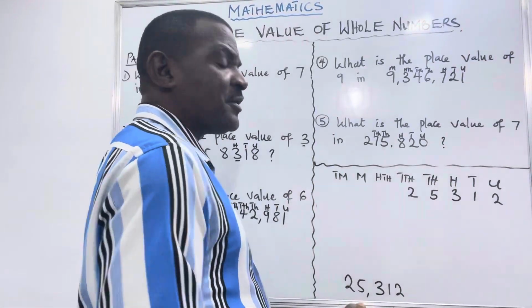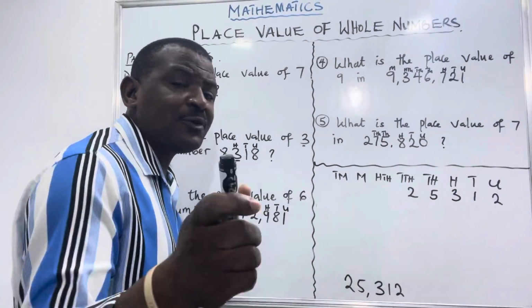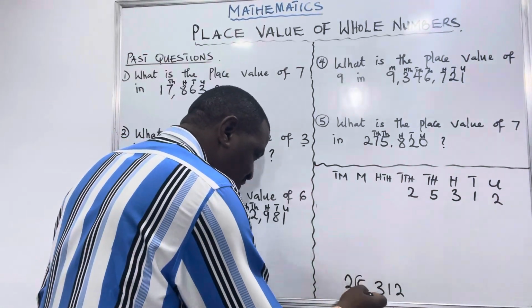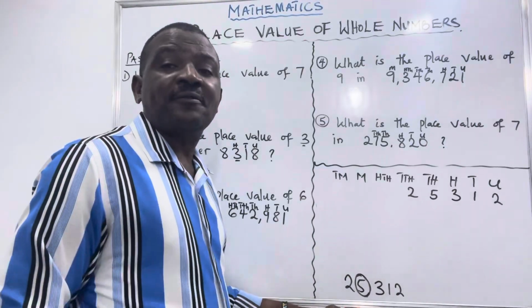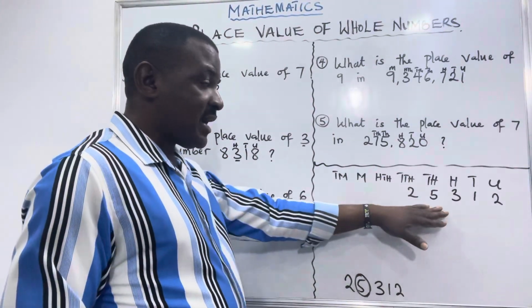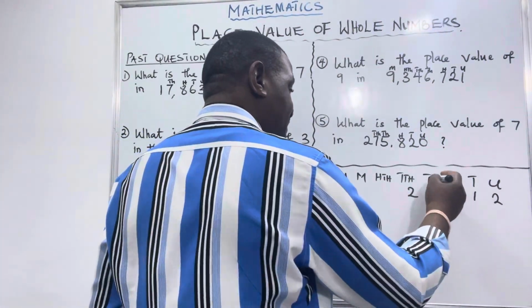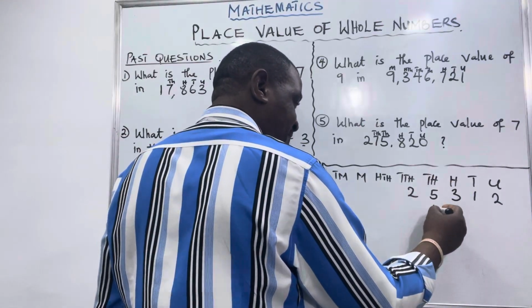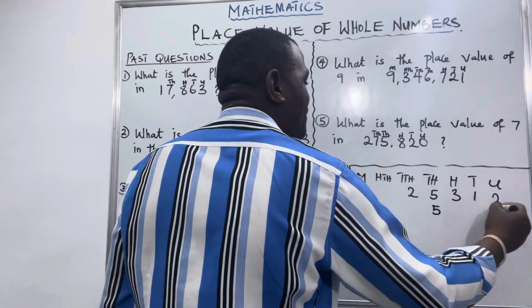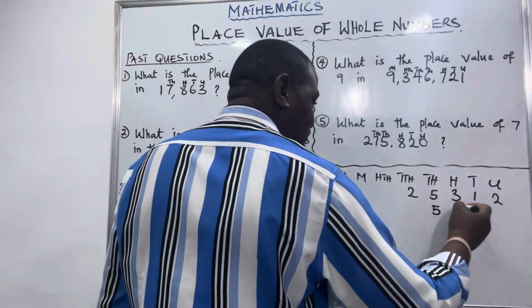Okay? Now, if they ask you, what is the value of 5 in this number? Go here, you are only concerned with 5. Repeat 5 here. Replace every other number with 0.